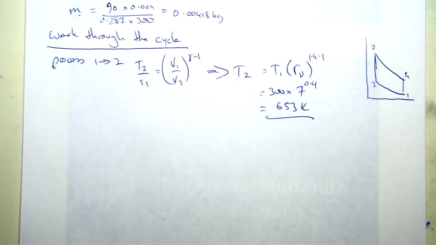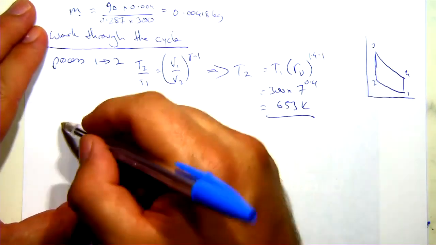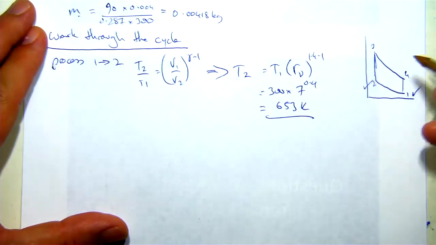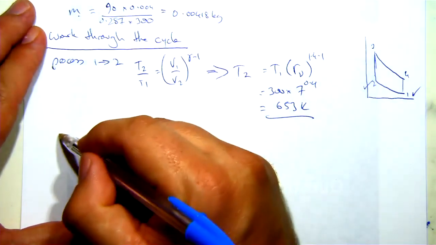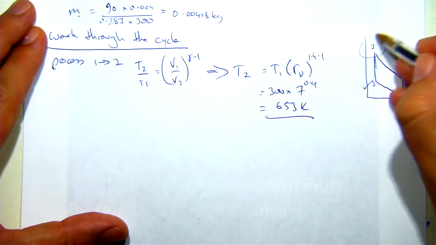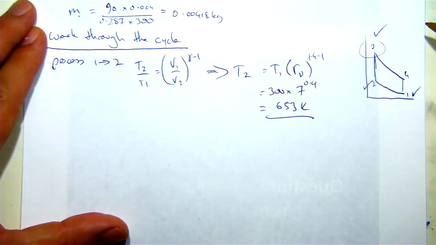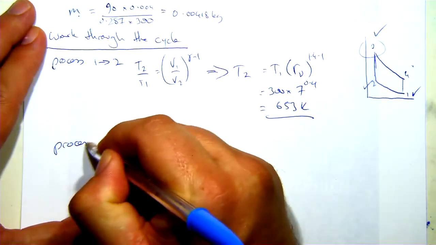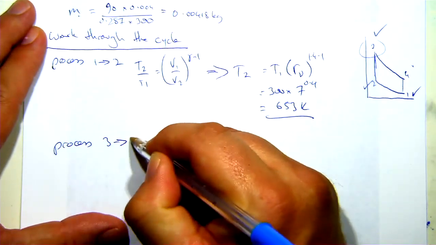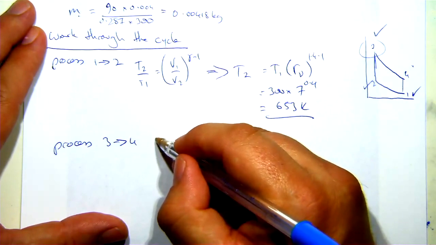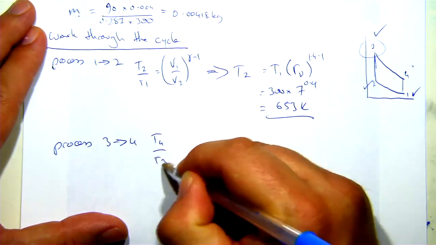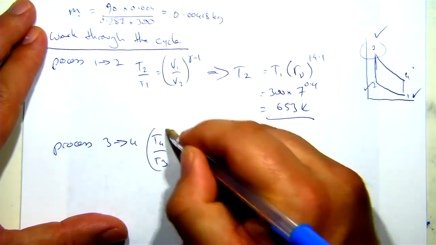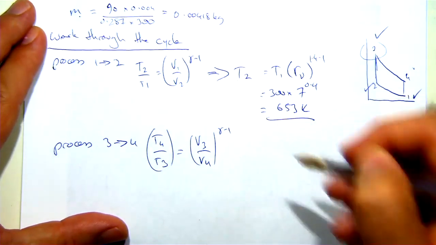Yeah? So, if that's given me this guy, and I've just worked out temperature here, then the next one, I've been given the temperature here, so the next guy I'm after is here. So let's go process 3 to 4. What I'm going to get is T4 on T3 equals V3 on V4 to the gamma minus 1, so that's all upside down.